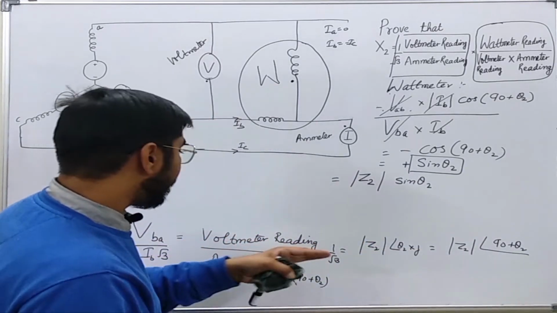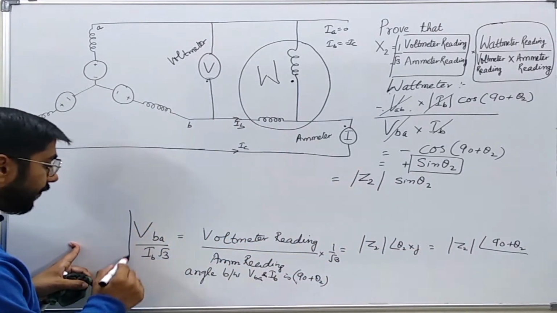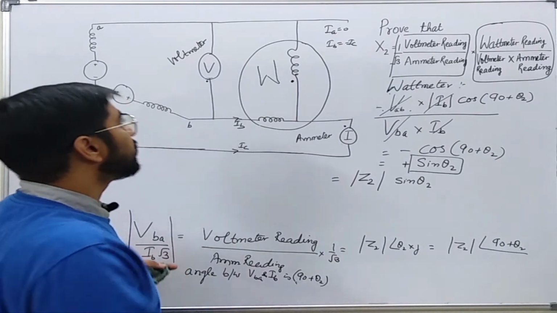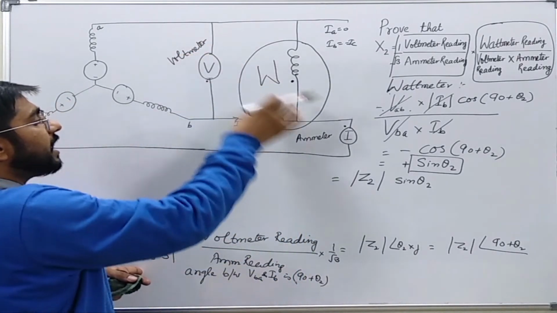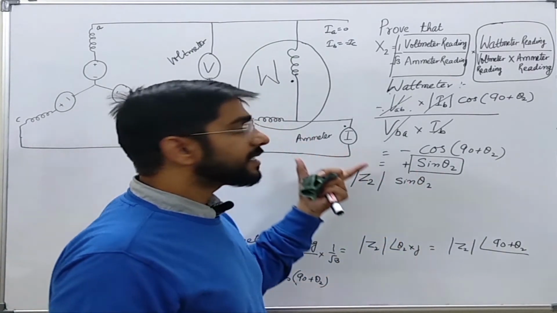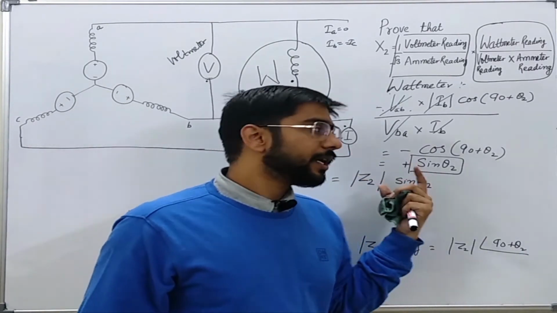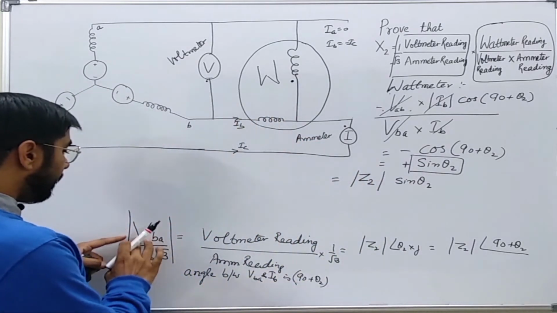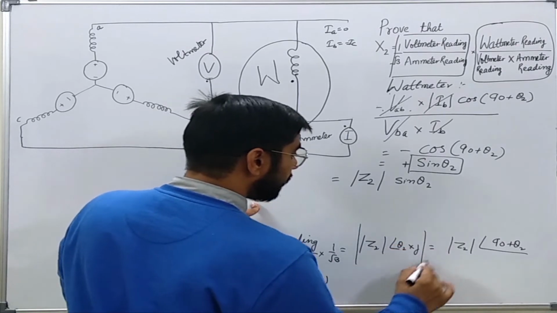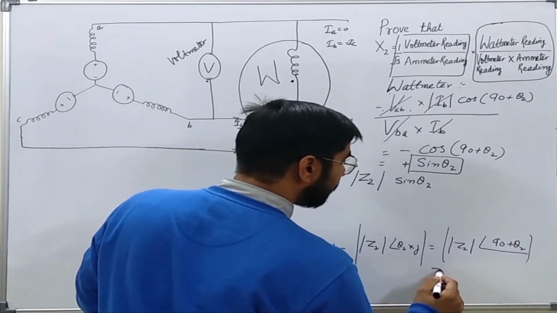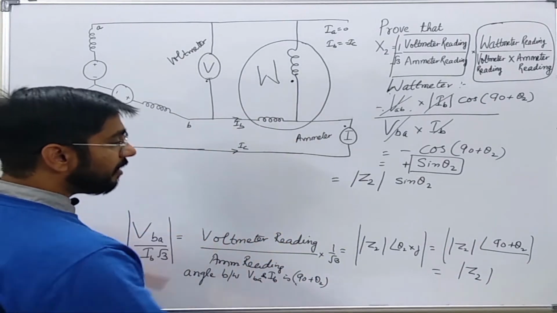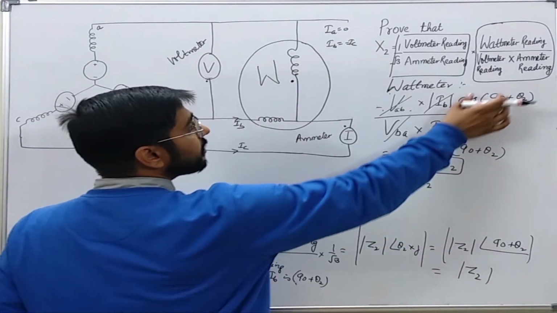If I take only the ratio of the magnitudes, because the voltmeter and ammeter are not going to show the phase angle, they are going to show the magnitude only, so this will be VBA over IB root 3, and it will be only the magnitude of this term, which is nothing but Z2. So I will multiply this Z2 by sine theta 2.